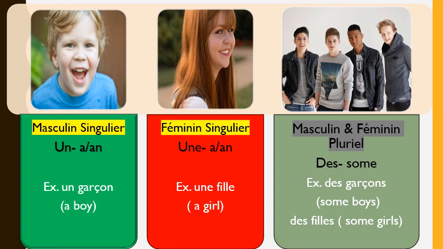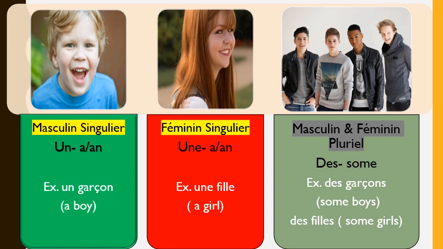Now, if the noun is masculine, I have taken an example, a boy. Boy is masculine and the boy in French is known as garçon. So if I have to say a boy, I will say un garçon.